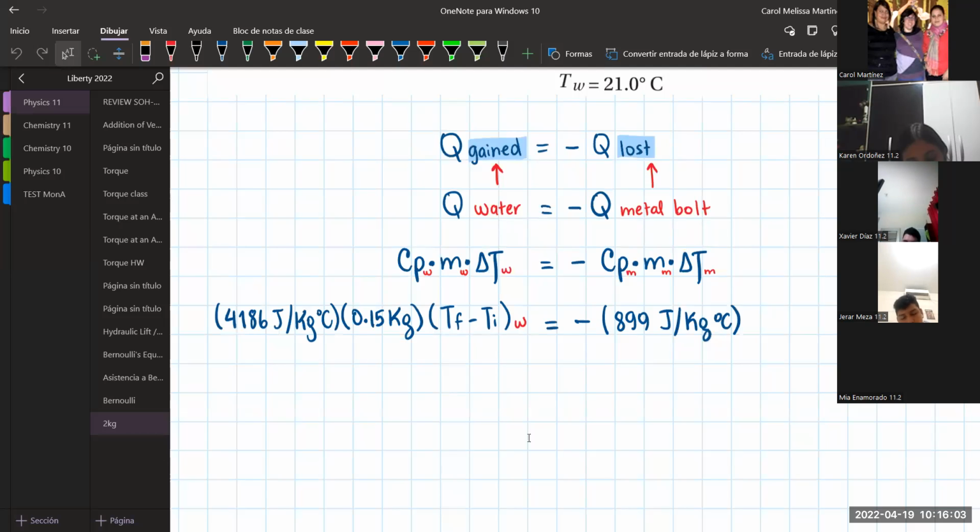What is the mass of the metal bolt? 0.050 kilograms.